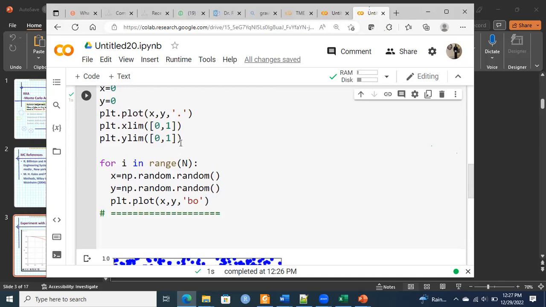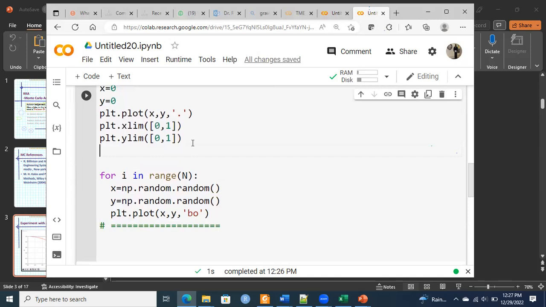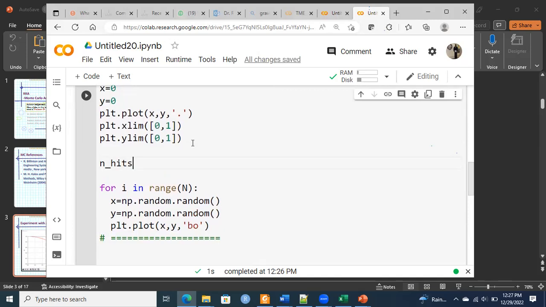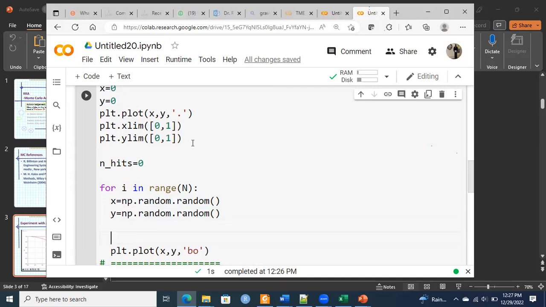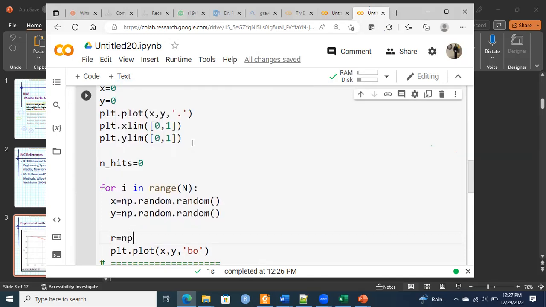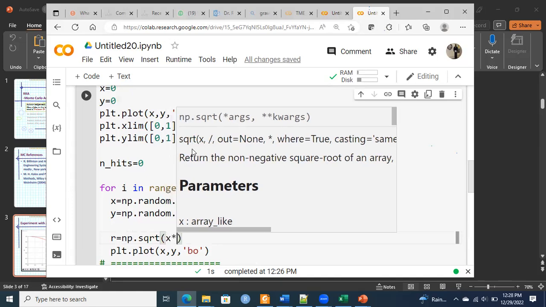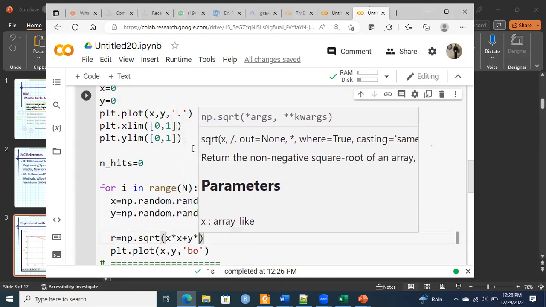Let's see whether they are inside a circle or not. Now I define my counter for hitting inside the region: n hits equal to 0. Now I define a condition. I define the radius, so I define r as numpy sqrt of x squared plus y squared.